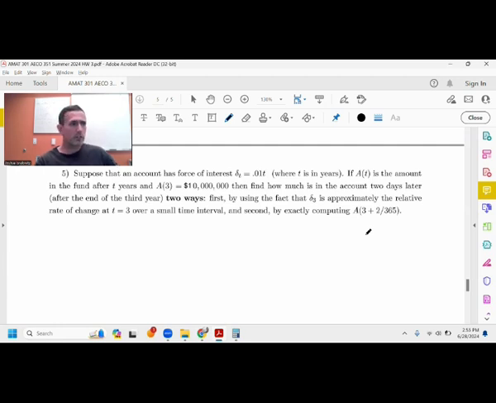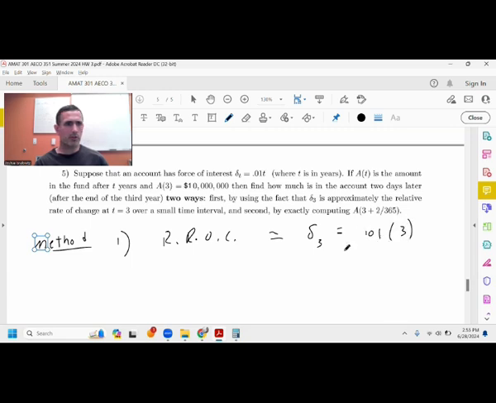We're given the force of interest, so let's do the approximation method. So relative rate of change over this 2-day period is roughly, we'll plug in 3, so it's 0.01 times 3. So what does that mean?